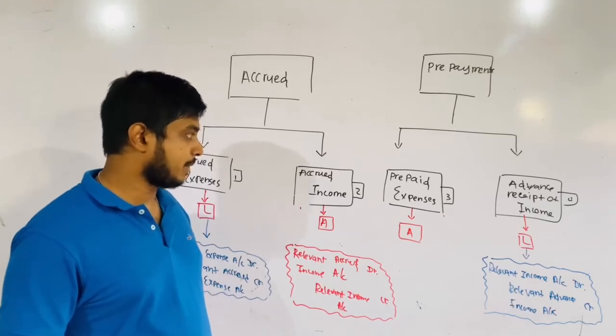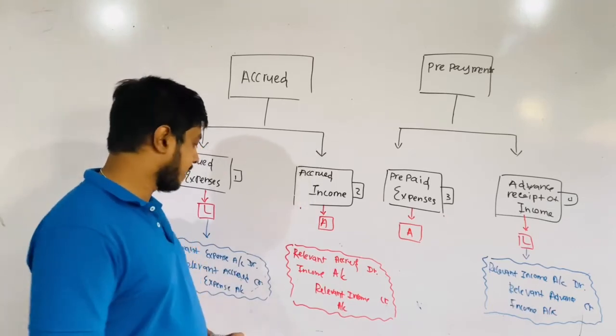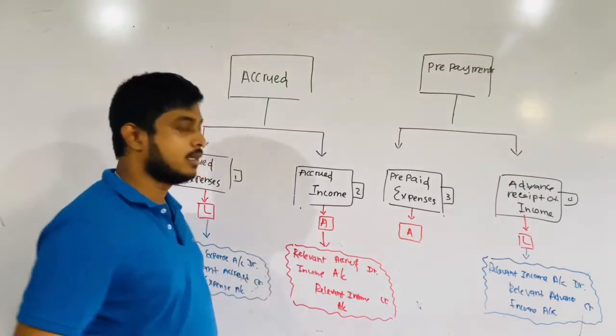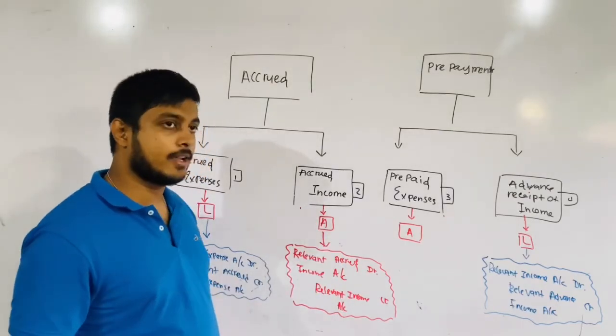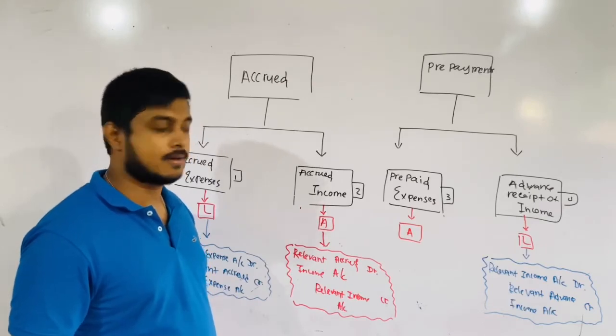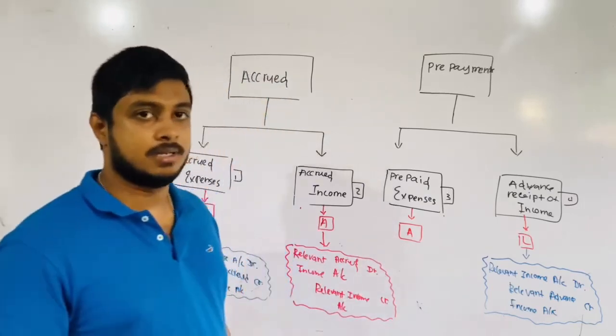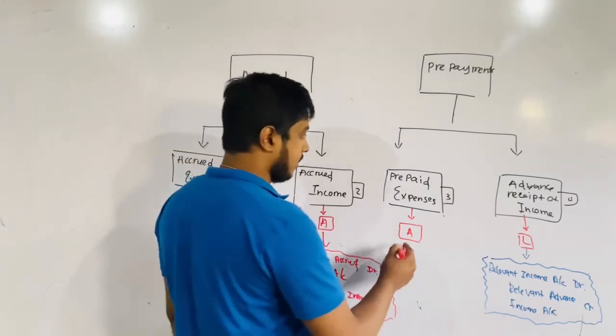When it comes to prepaid expenses, it means you have paid more than the requirement of the accounting period, right? Therefore, one entry is visible. What is that visible entry?